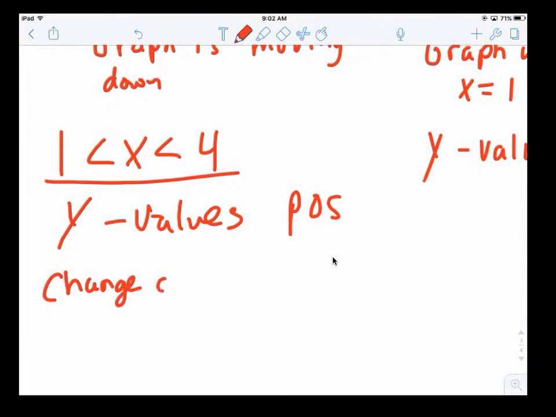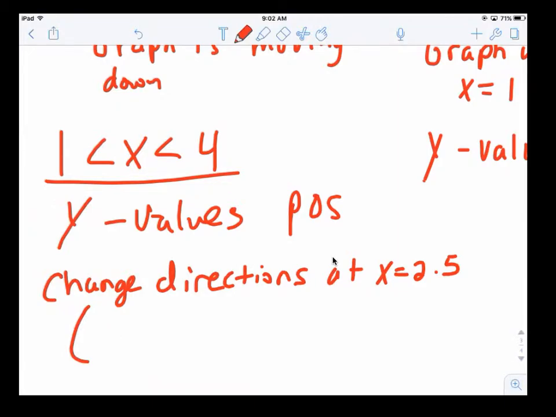So change directions at x equals 2.5. Increase to decrease.